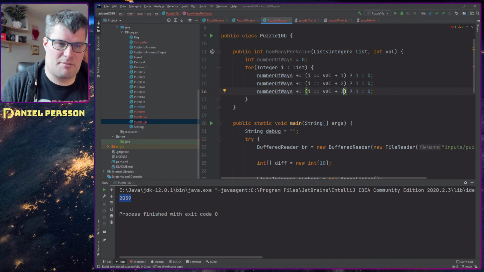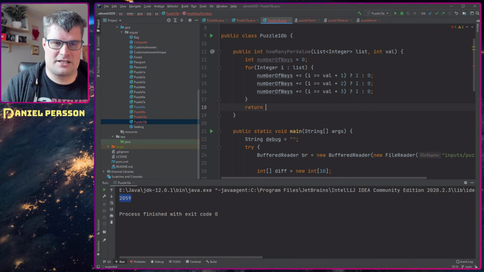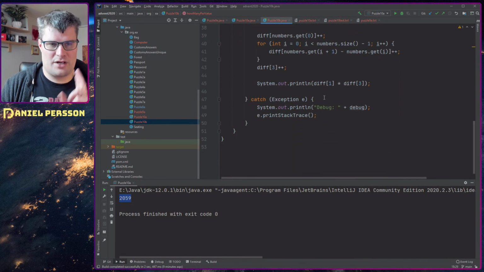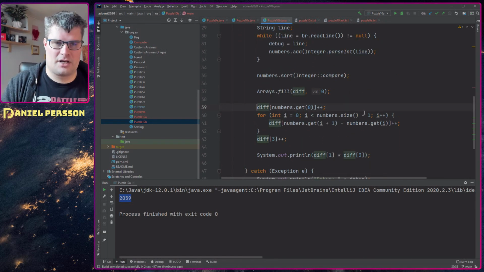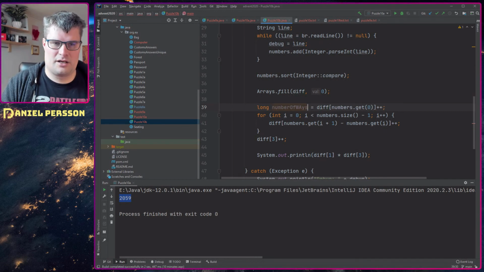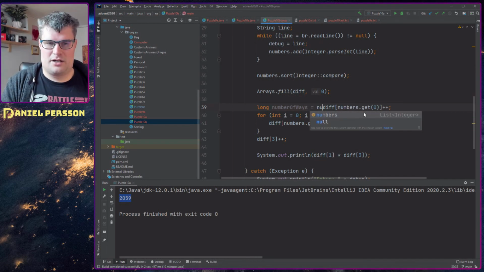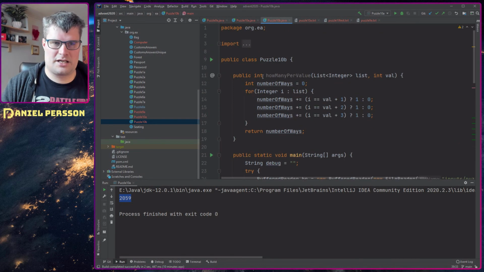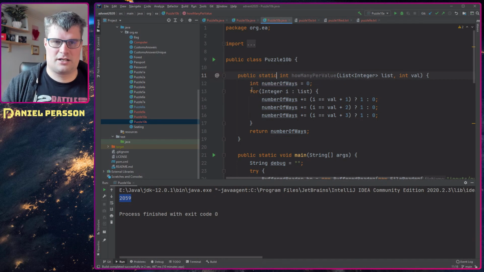And we get the number of ways that permutation can happen. And if we do that, and we first off do this long number of ways, okay, so it needs to be static as well, static.